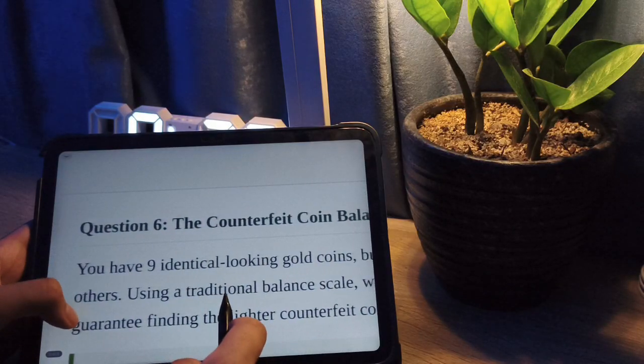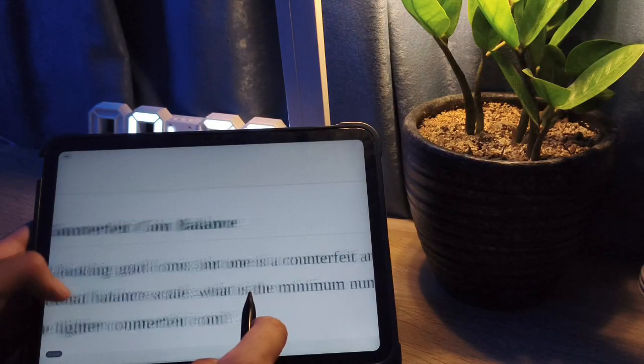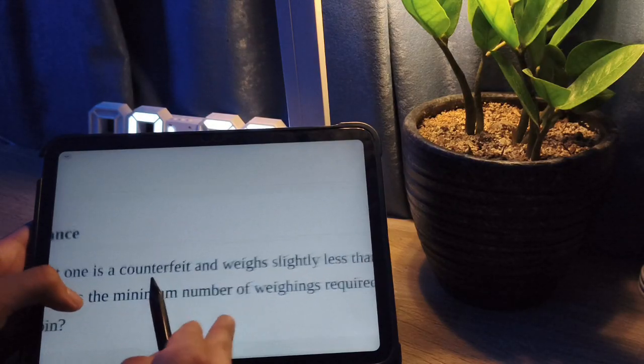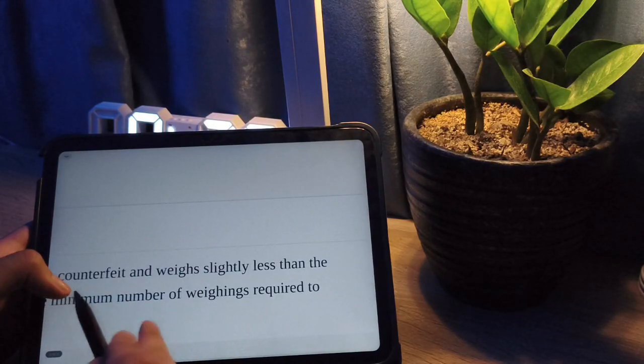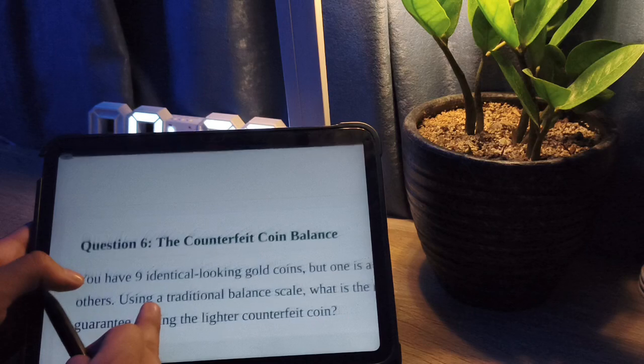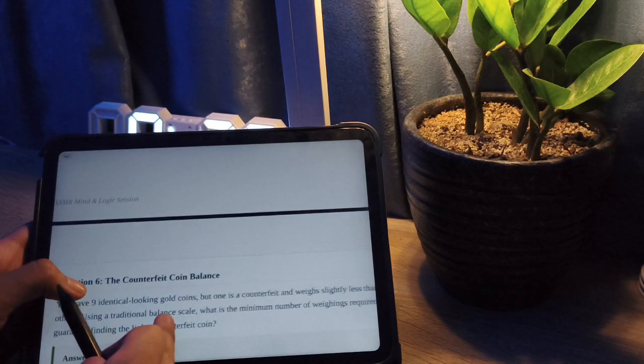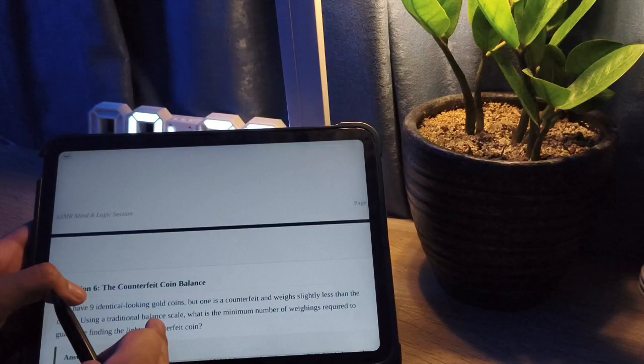Using a traditional balance scale, what is the minimum number of weighings required to guarantee finding the lighter counterfeit coin? I will let you read the whole question.